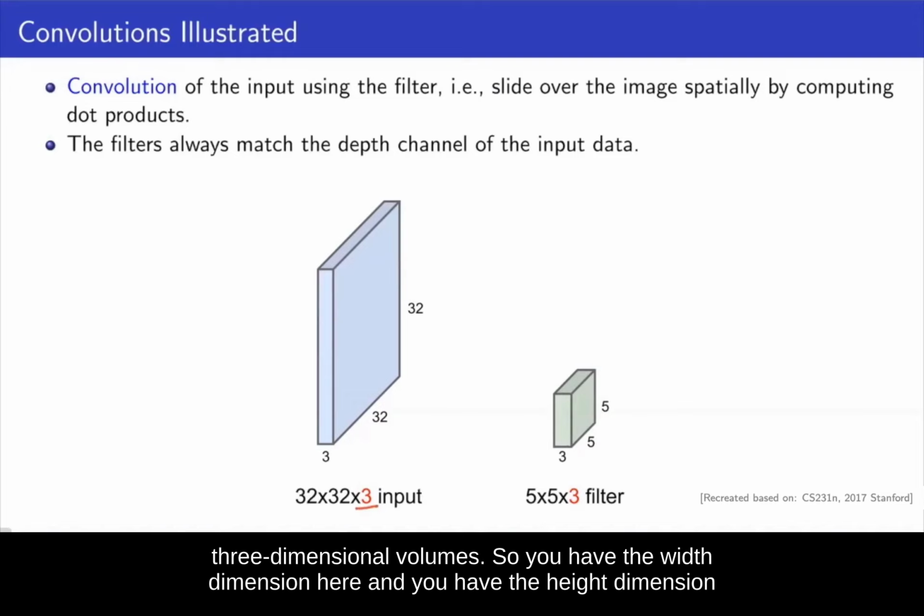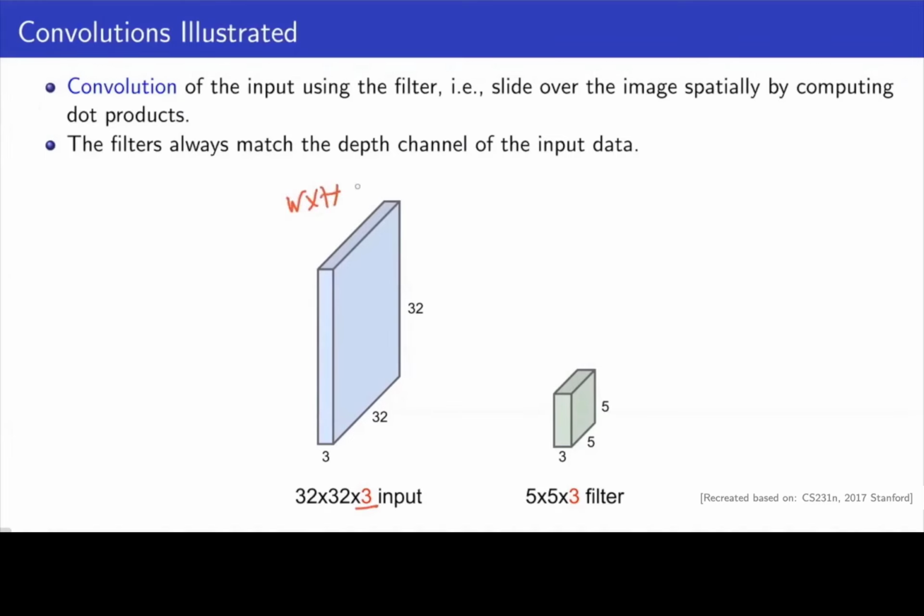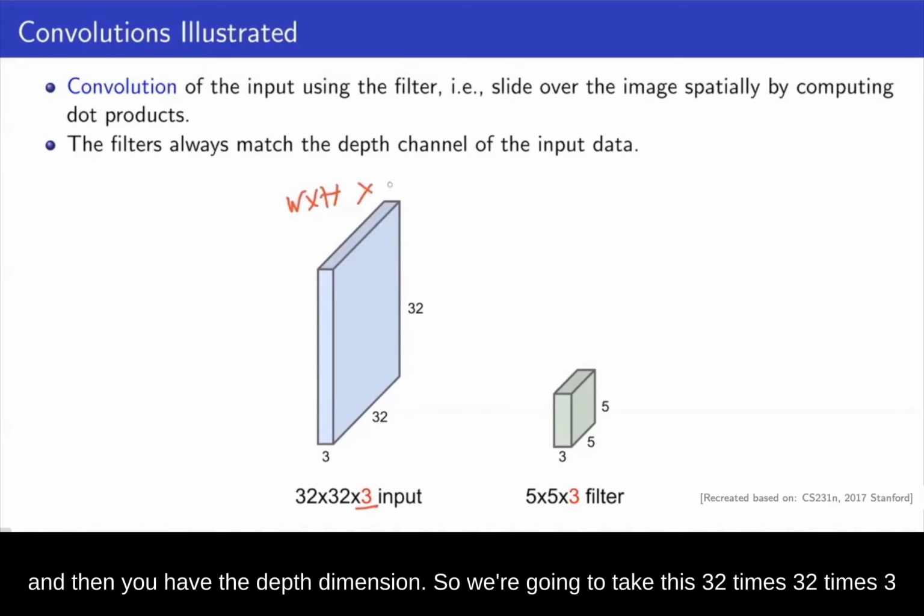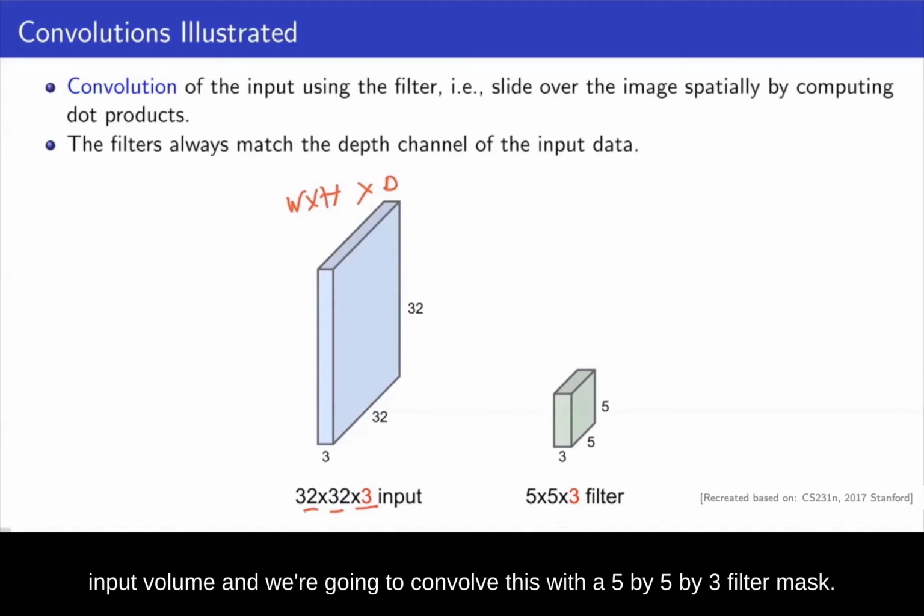So you have the width dimension here, and you have the height dimension, and then you have the depth dimension. So we're going to take this 32 times 32 times 3 input volume, and we're going to convolve this with a 5 by 5 by 3 filter mask.